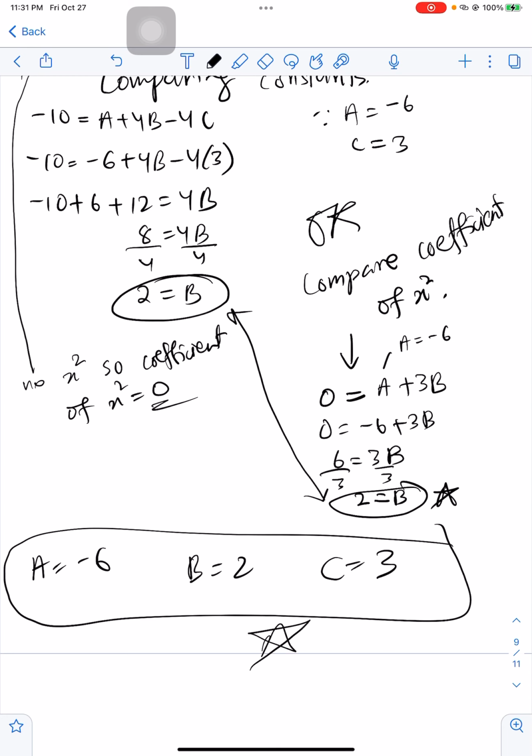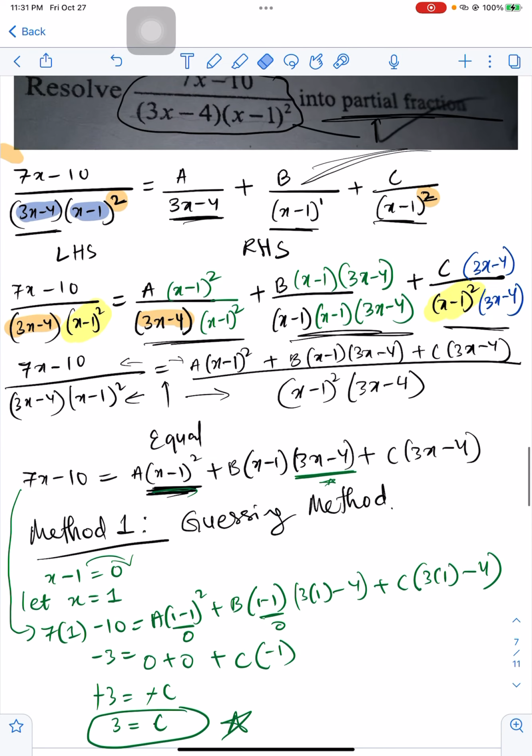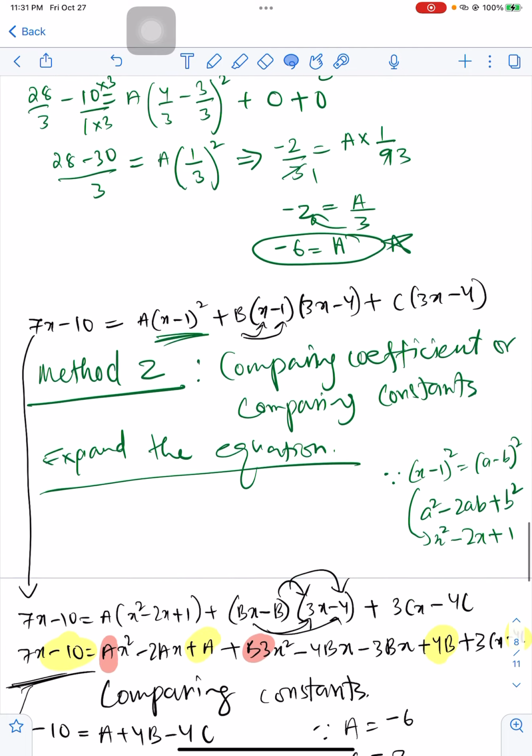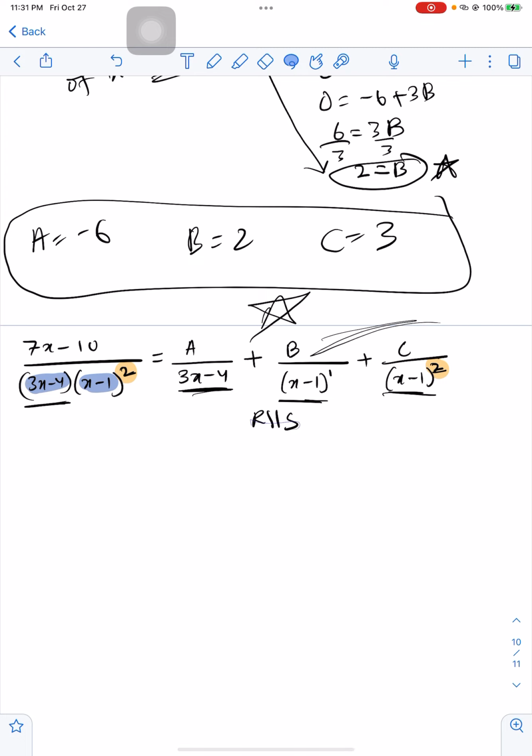Therefore 7x minus 10 over 3x minus 4 times x minus 1 whole square is equal to, what you have in the beginning, negative 6, 2, 3.